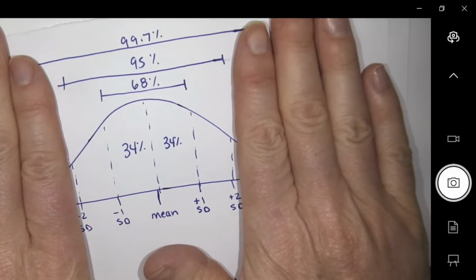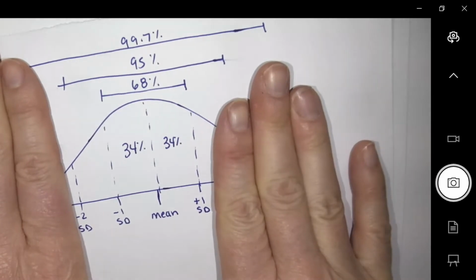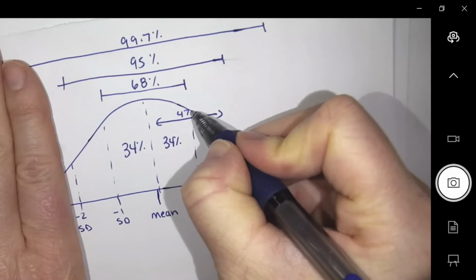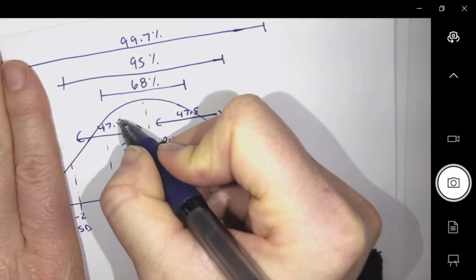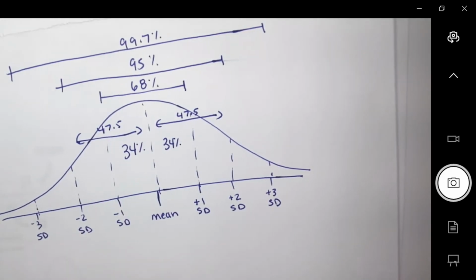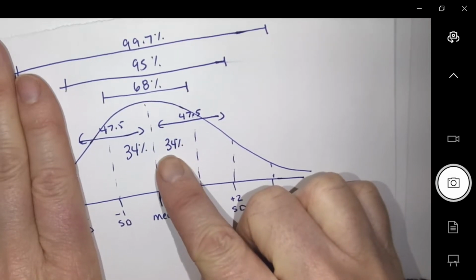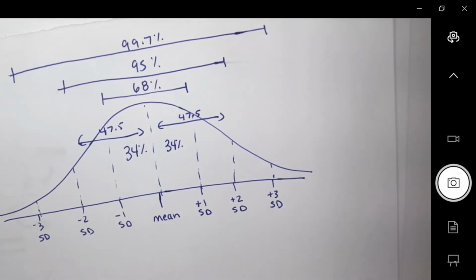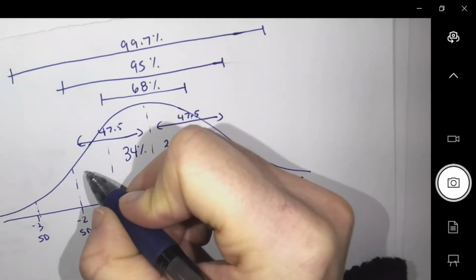Which means I need 47.5 on each half, right? Does that make sense? 47.5 on each half. But if this is 34, what am I going to do? I'm going to subtract. So 13.5.